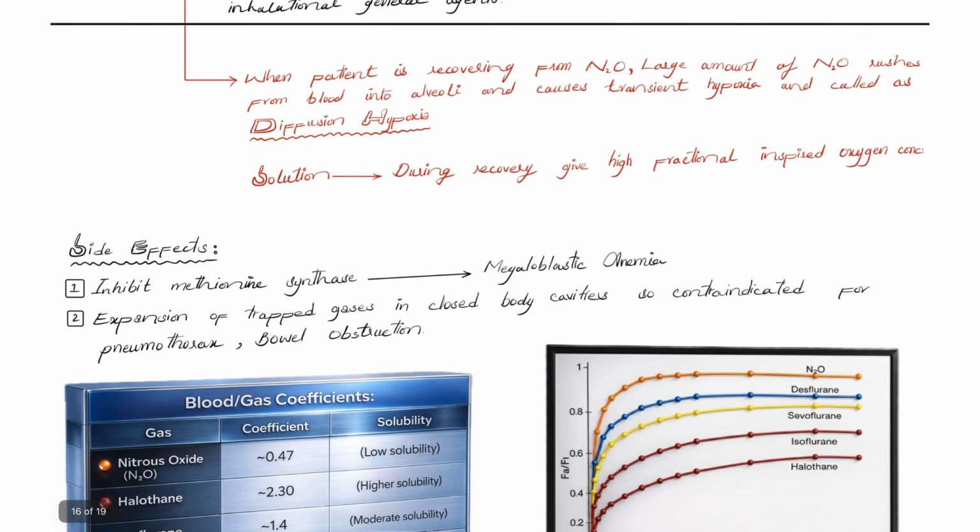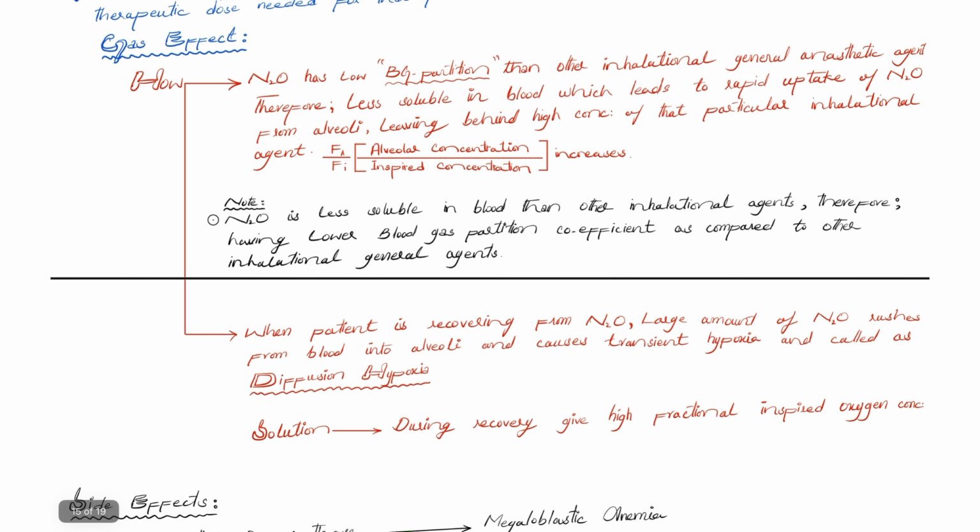But you should remember a very important note: nitrous is less soluble in blood than other inhalational agents, therefore it has a low blood gas partition coefficient, as we have already discussed. This is important, that's why I repeated it again and again.